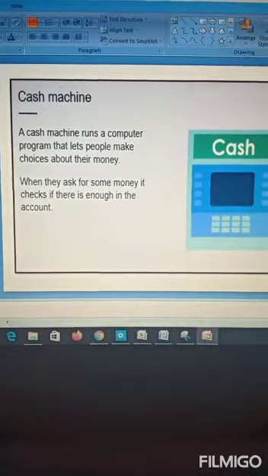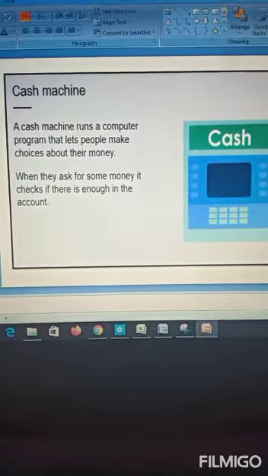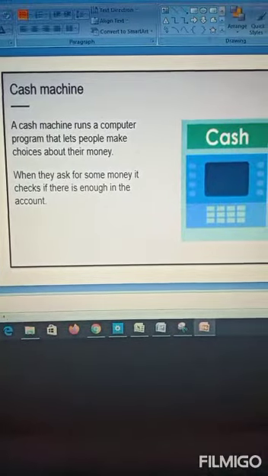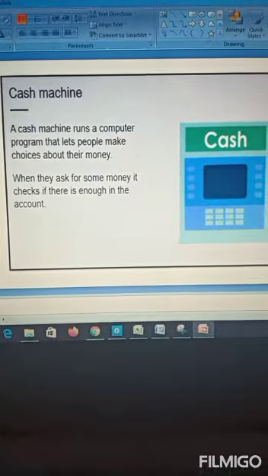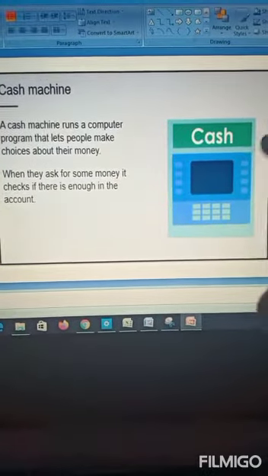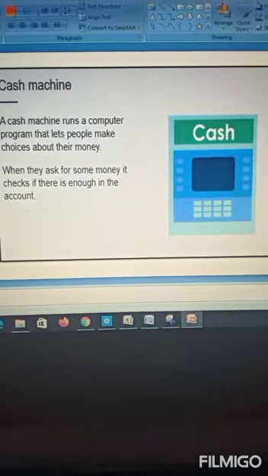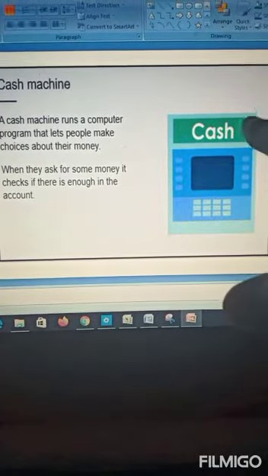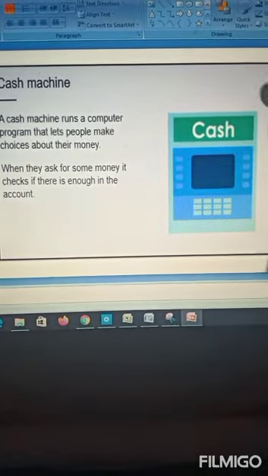Yes, all right, come on, let's go to the next use of computers. Right, the ATM machine or the cash machine. So ATM machine is the machine through which we get cash. So people don't have to go to the bank now. They can get the cash from an ATM machine. So what is the process?